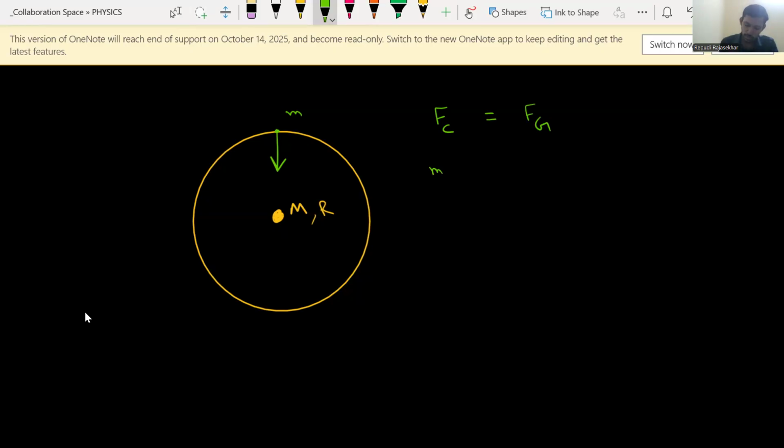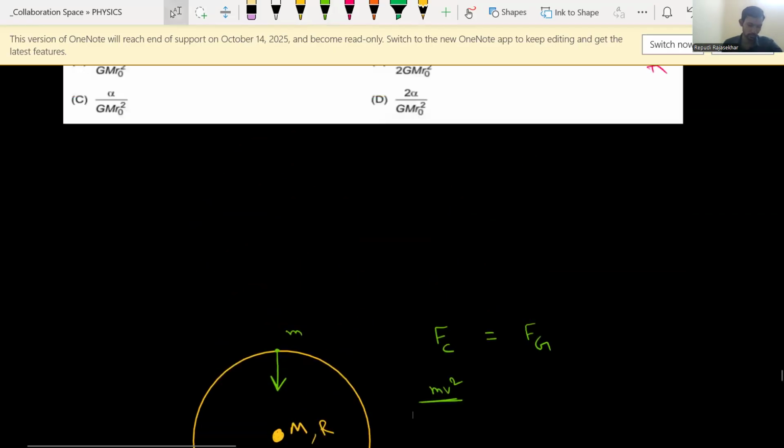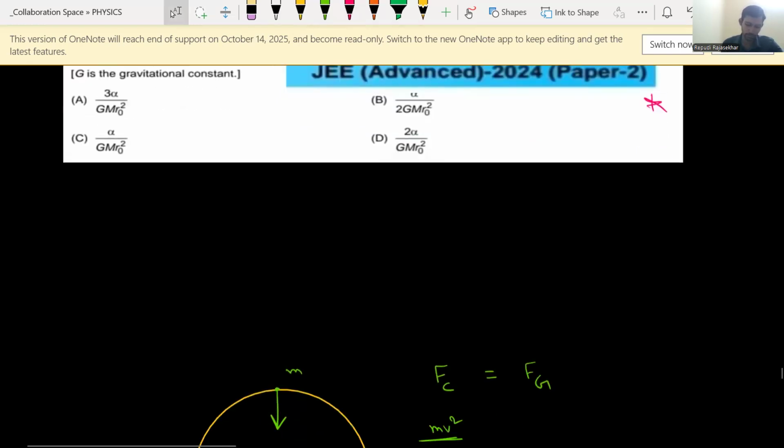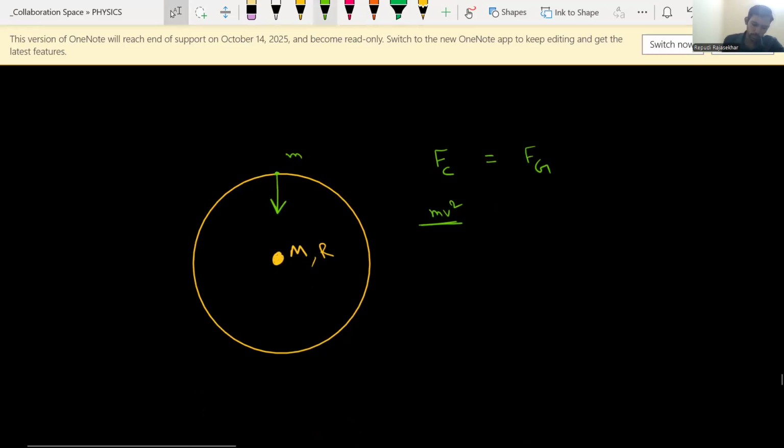The equation of centripetal force is mv square by r. In the question, the radius is given as r naught, time period t naught, and the mass of the particle is small m. So mv square by r naught equals the gravitational force between these two.